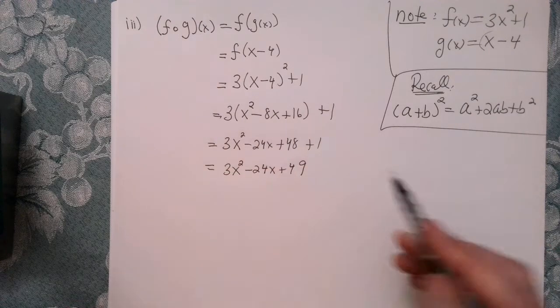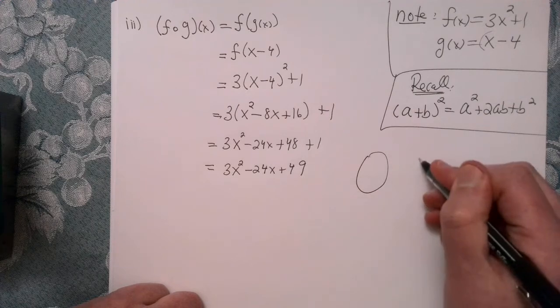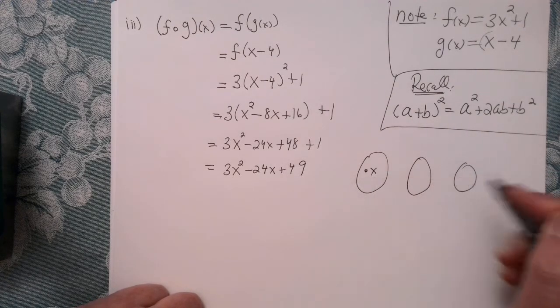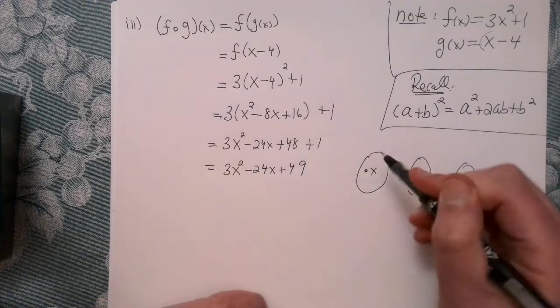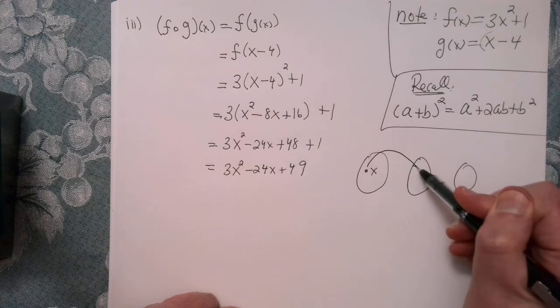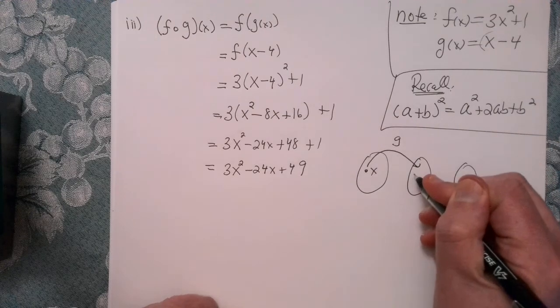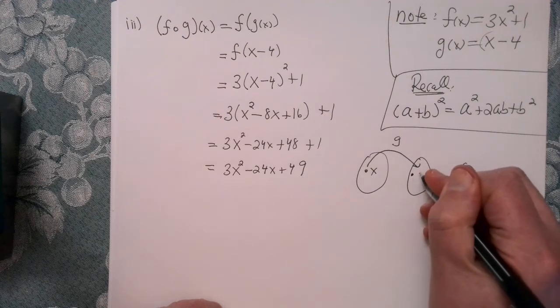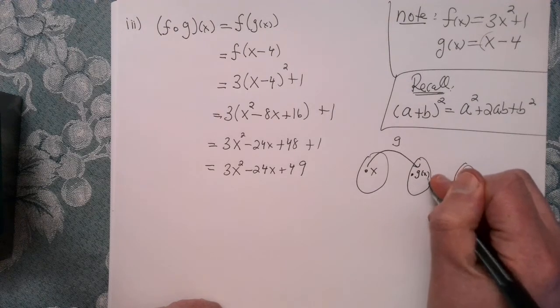Okay, so what does this do for me right now? Just keep in mind the definition. Okay, so it's f after g, so the g map is applied first. So after I apply g to the input x, I land at some value, some output, g of x.